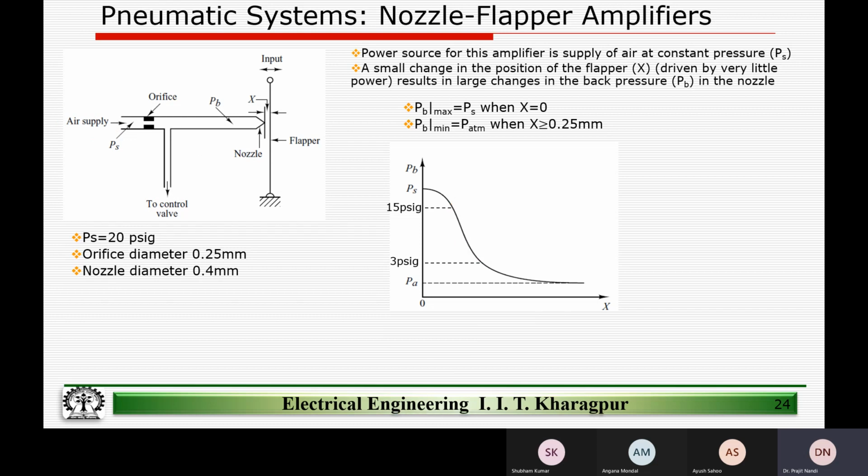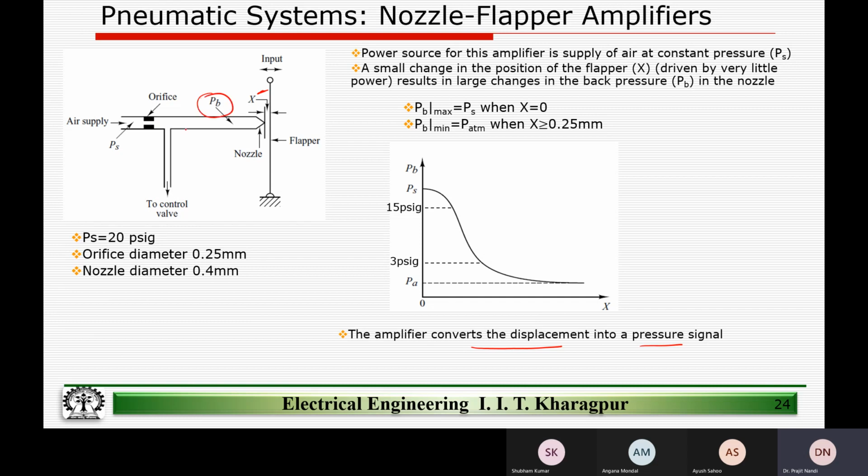And this is an open loop system. There is no feedback in this system, right? Of course, this is like an open loop amplifier, and the amplifier converts the displacement into a pressure signal, right? A small displacement that we have here is converted into a pressure signal, which is equal to the back pressure seen here.